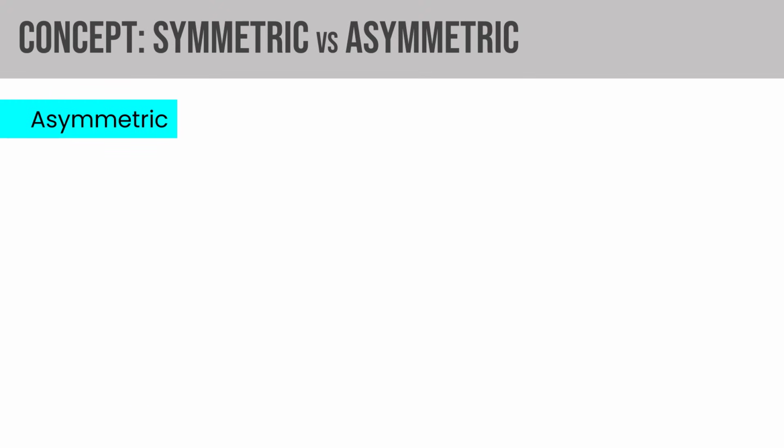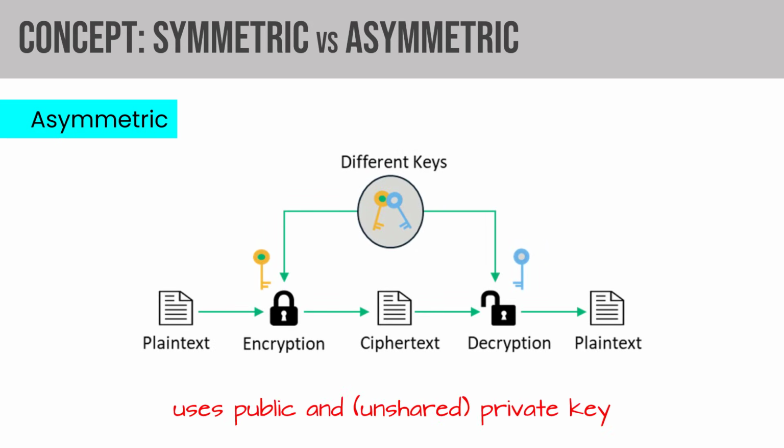In asymmetric cryptography, sometimes called public key cryptography, we have different keys. We have a public key and then a private key, which is unshared. Both sender and recipient will each have a private key, and neither will share their own private key. We're going to peel back the layers of the onion in this session, but start with that.